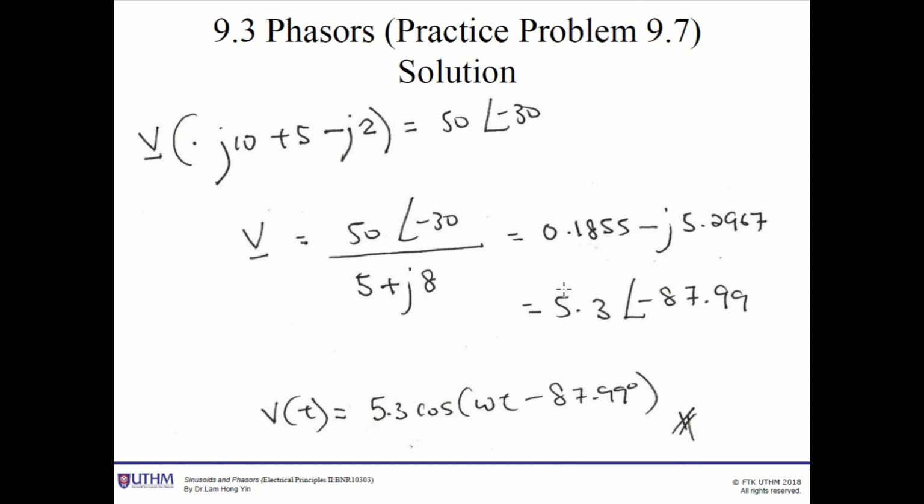After division of these two equations, you get 5.3∠−87.99 degrees. From here you change back to the time domain representation. So v(t) is equal to 5.3 cos(ωt − 87.99 degrees).